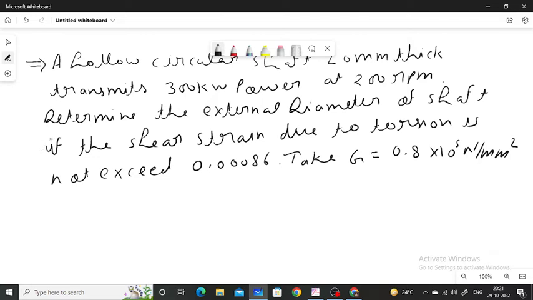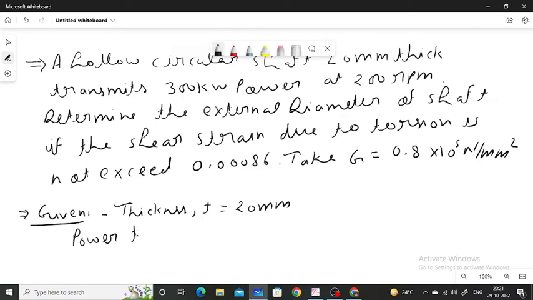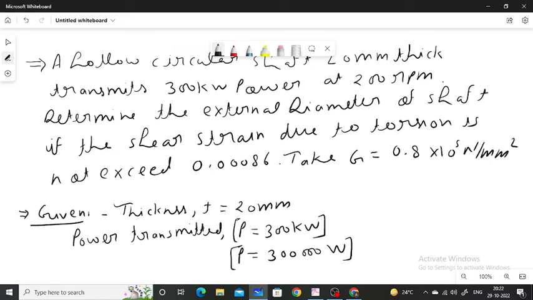Given: thickness T is equal to 20 mm, power transmitted P is equal to 300 kilowatt, that is 300 into 10 to the power 3 watts.